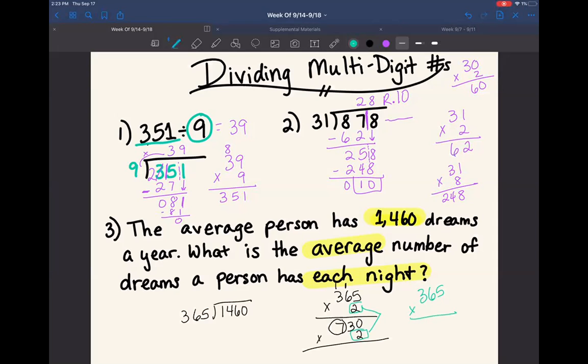Not by 14. If I'm multiplying by 2 and then multiplying by 2 again, I'm really multiplying by what? Yolanda got it, 4.